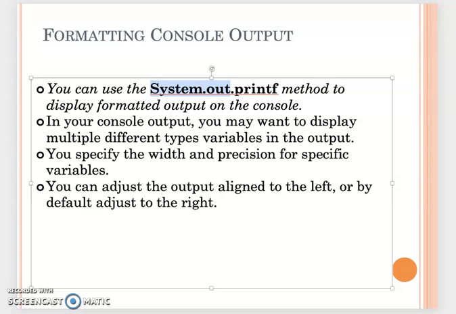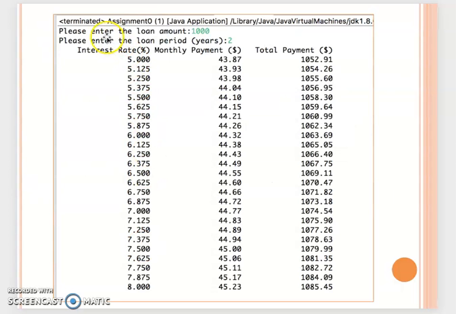But sometimes what we really want is to have our console output in a table format. What does table format mean? The table format is something like that. This is actually your homework assignment 1.